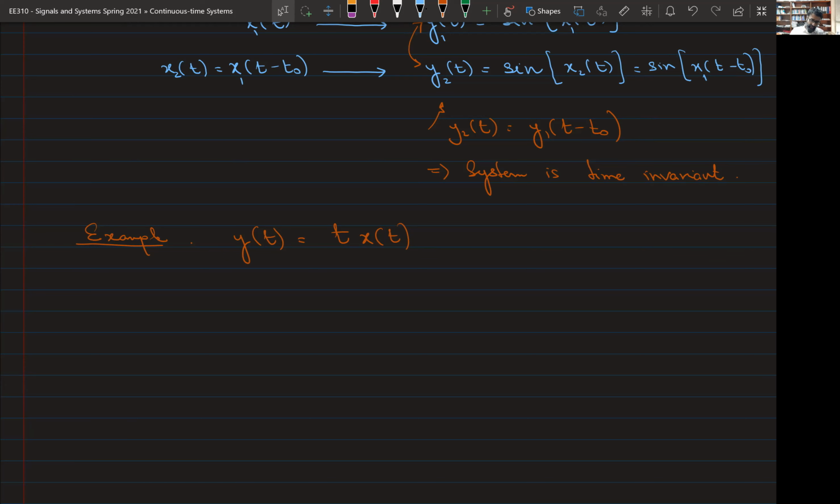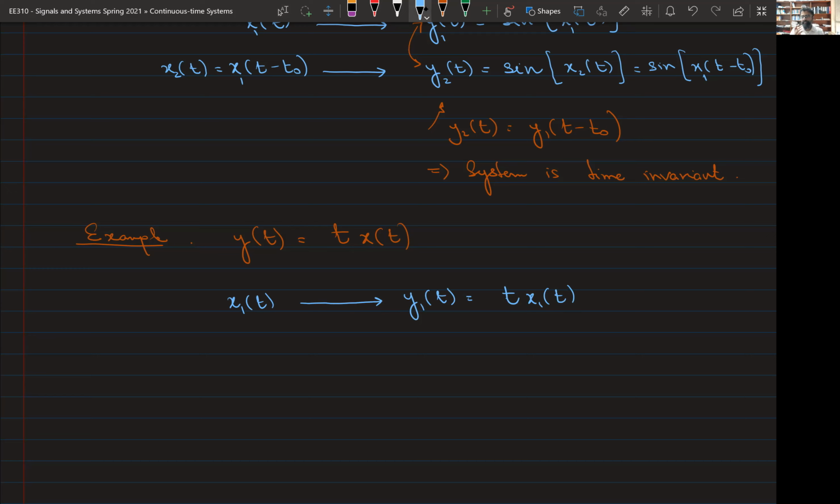Okay, so here's what we'll do. Say my input x1 of t results in an output y1 of t, which is simply equal to t times x1 of t. All you do is take the input and multiply by t. That's what the system does.